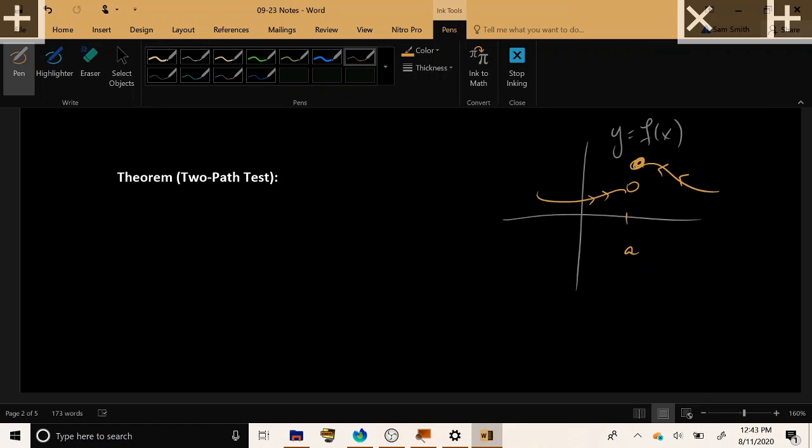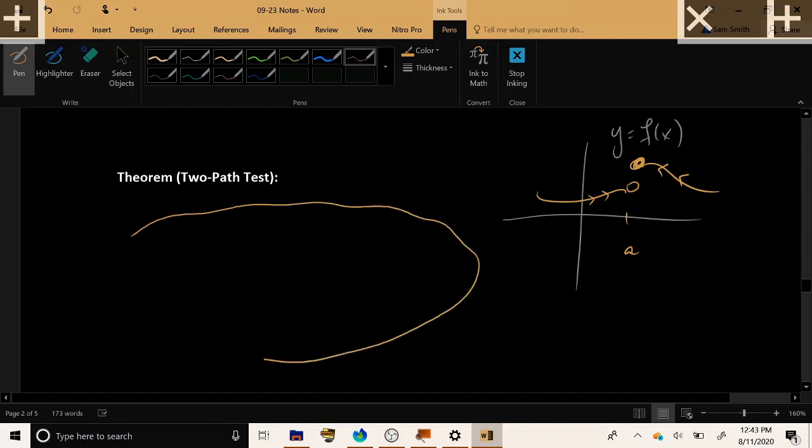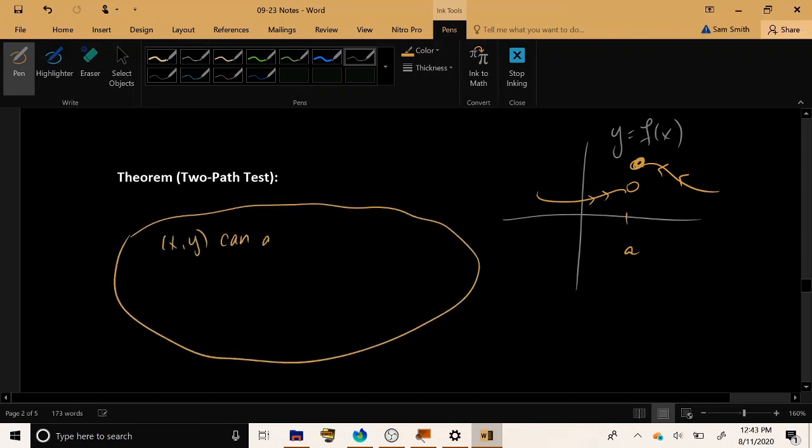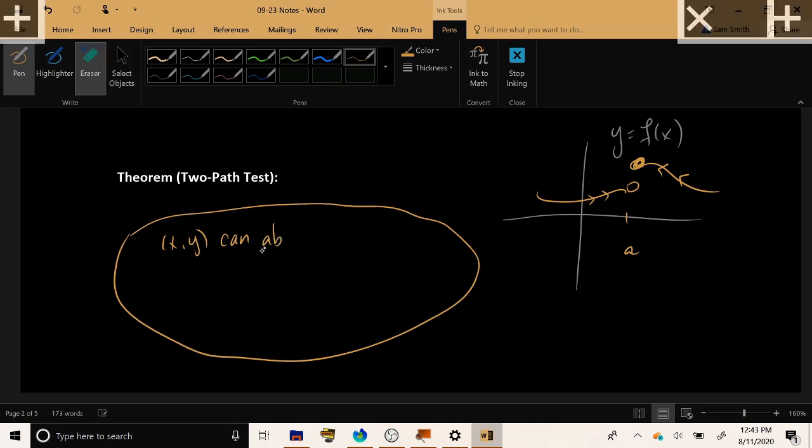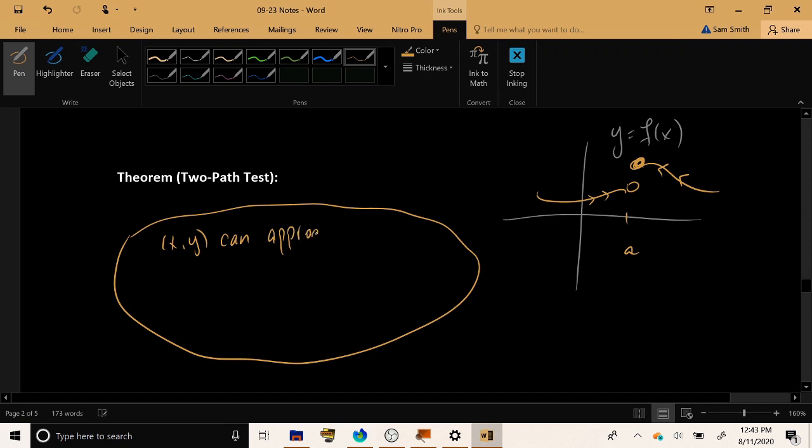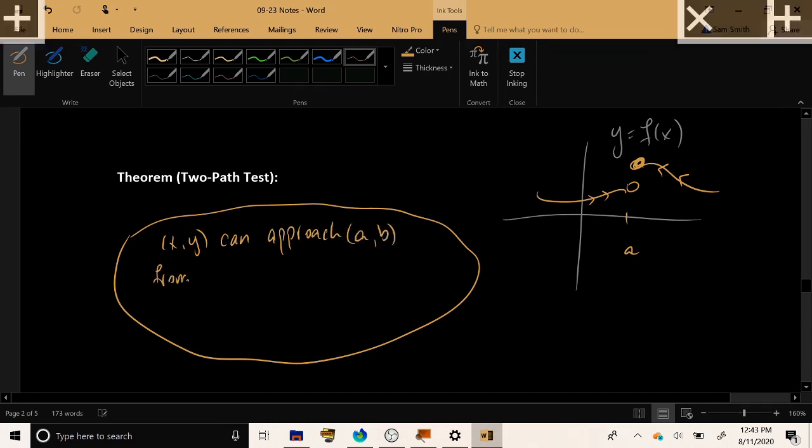Now, when we're dealing with functions of multiple variables, this idea becomes instantly more complicated. So let me just put in a thought bubble here. xy can approach AB from infinite directions.